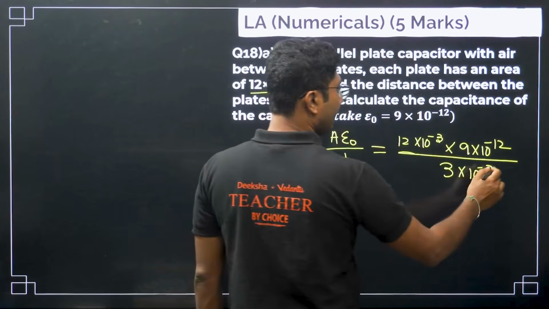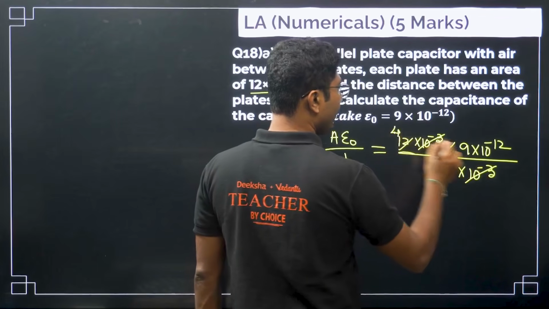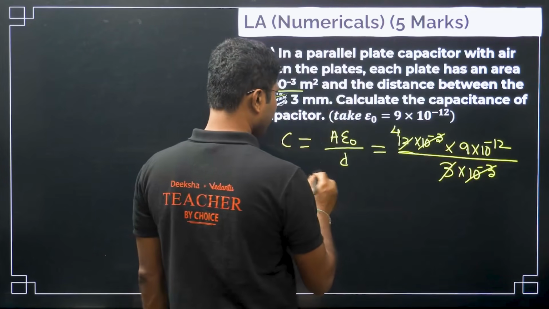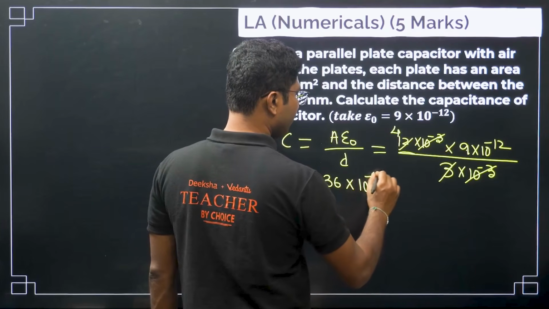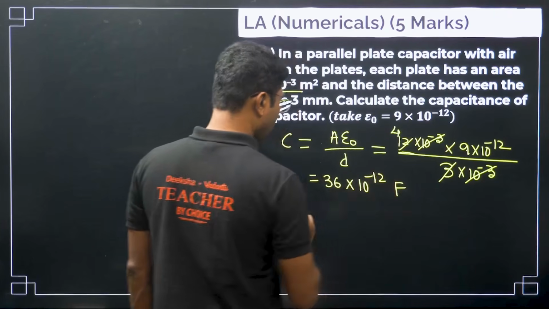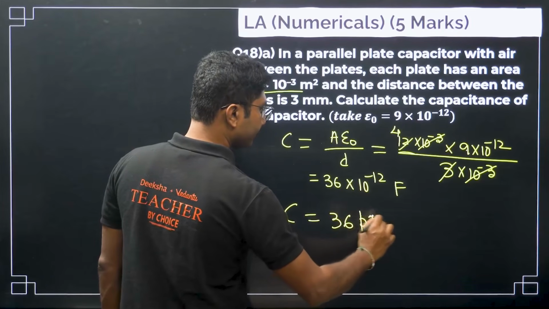So they will cancel. 3 4s are 12, 4 9s are 36. So 36 into 10 to the power of minus 12 farad, or C equals 36 picofarad.